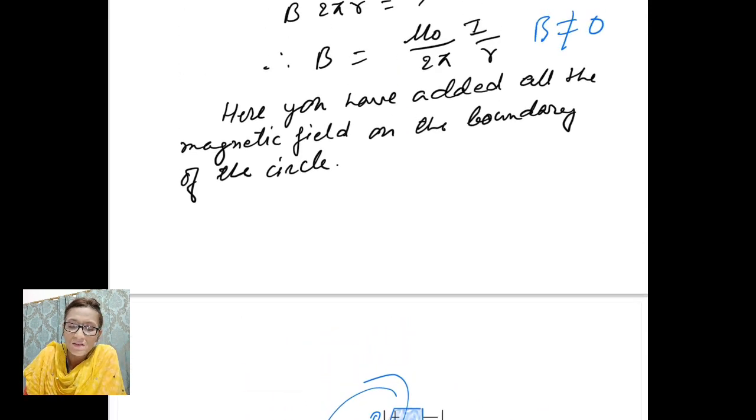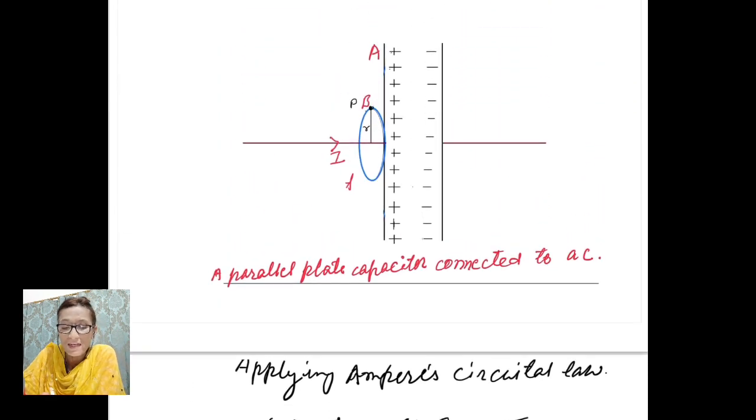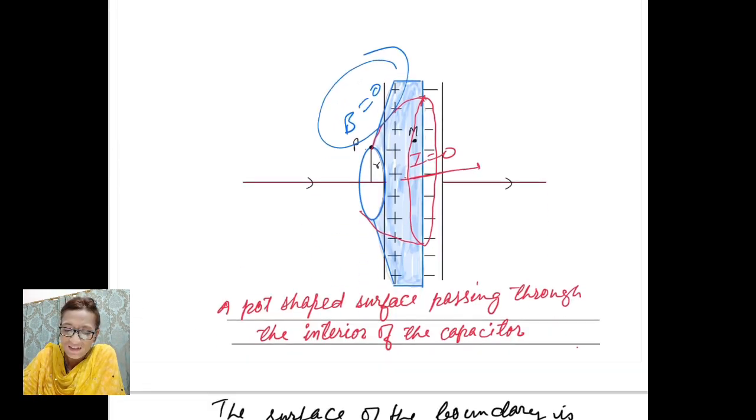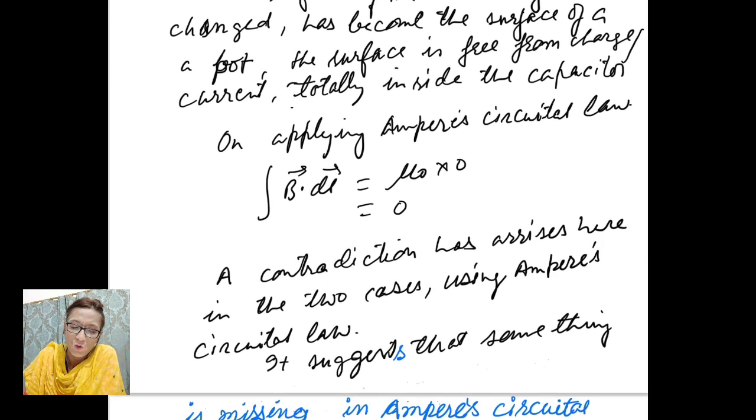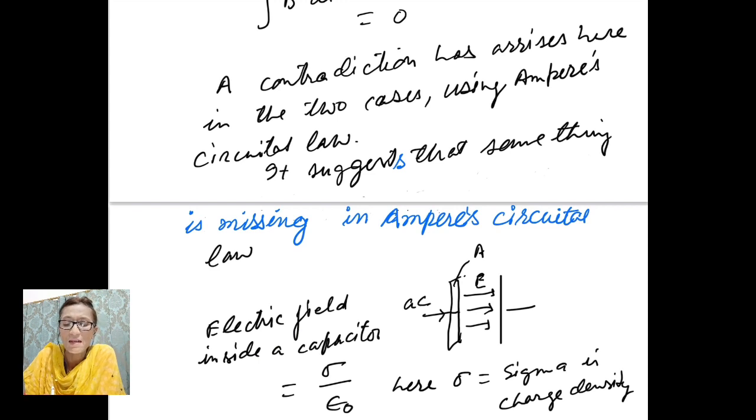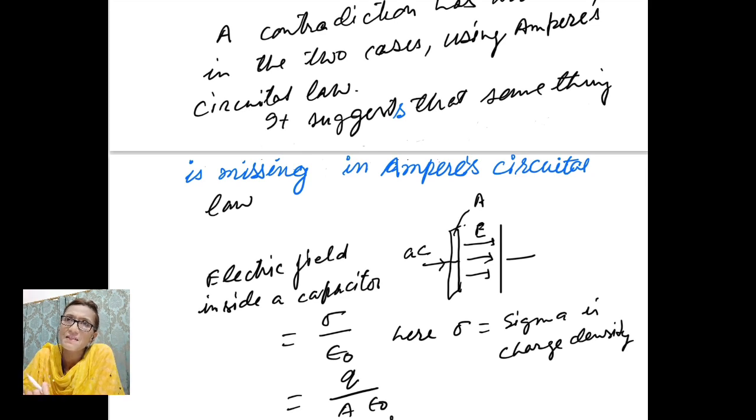But this should not happen, that magnetic field at the same point has some finite value by one way, and by the other way, if you are finding magnetic field, it should be 0. It should not happen. Both are contradicting each other, and this contradiction has arisen due to application of Ampere's circuital law. It suggests that something is missing in Ampere's circuital law, and due to that this contradiction has arisen.